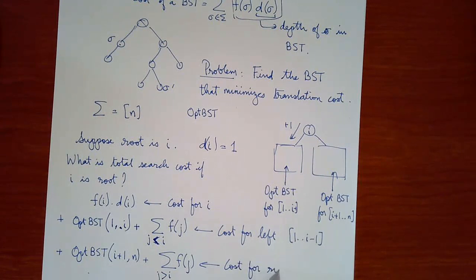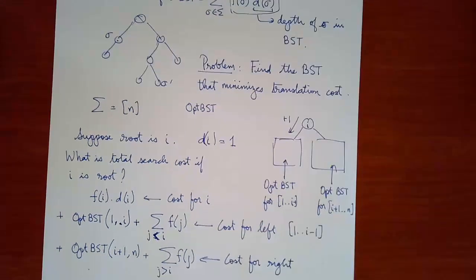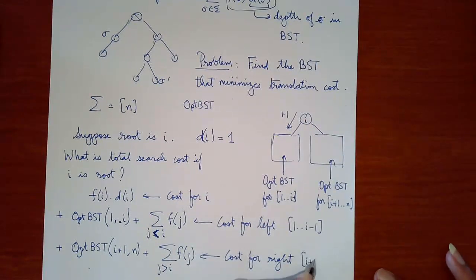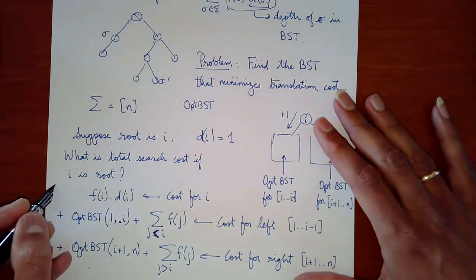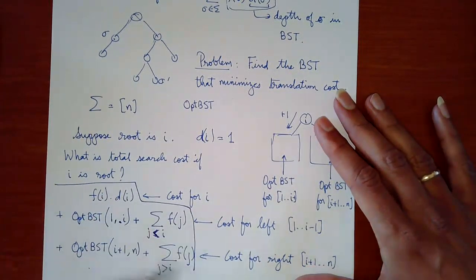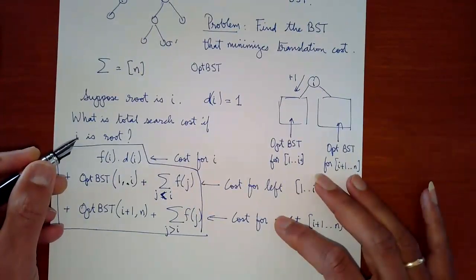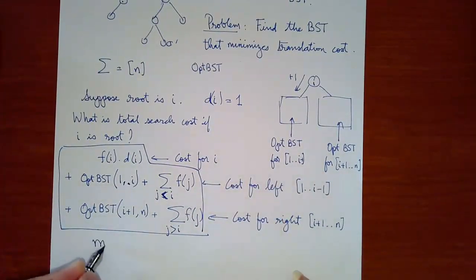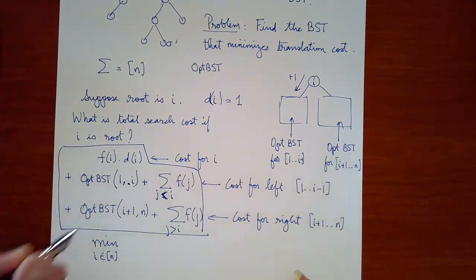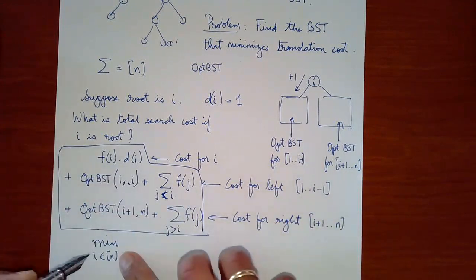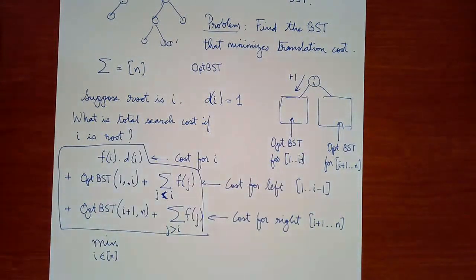And this is the cost for the right side, which is I plus 1 to n. So this big expression here is the total cost. And what you want to do is minimize this over all I. If you minimize this over all I, then you get your cost.